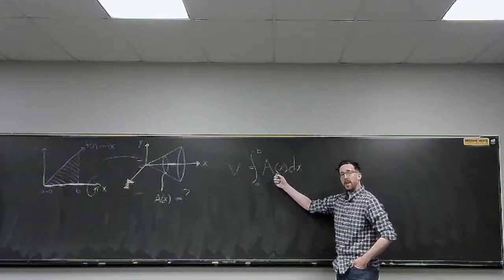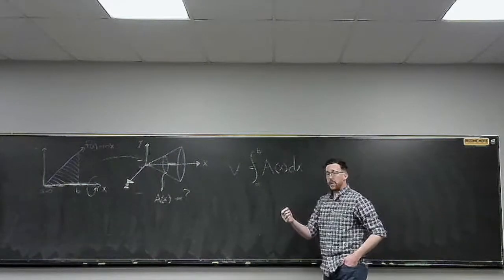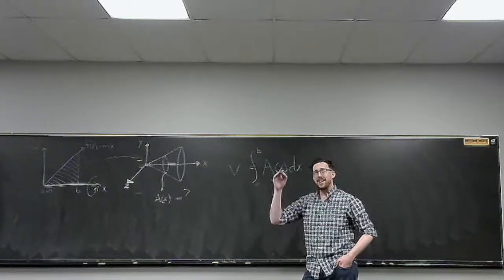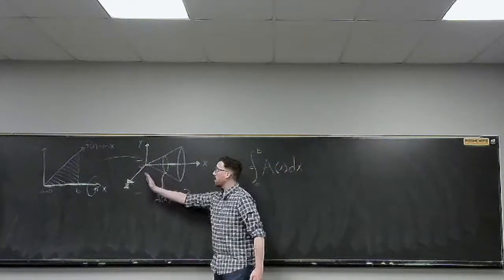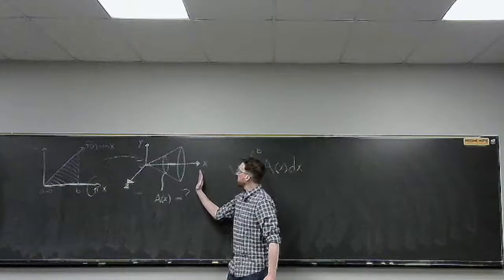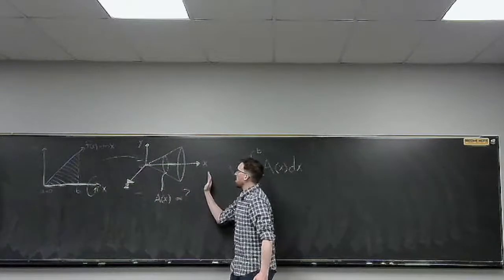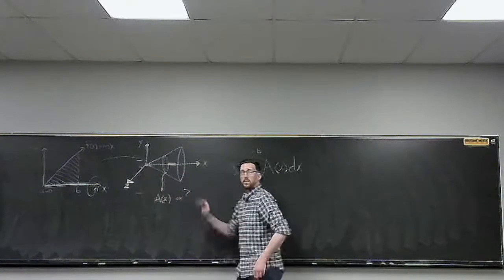We know this area of x is going to be the area of any given cross-sectional disk within our solid. So as we move along the x-axis, what's the area of one of those cross-sectional disks?